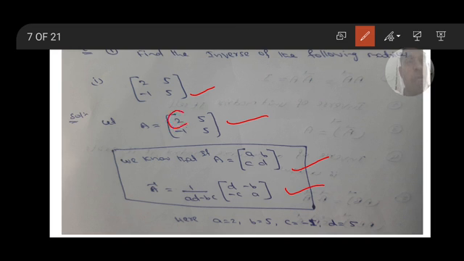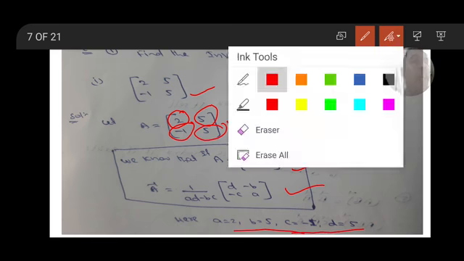A equal to 2, B equal to 5, C equal to minus 1, and D equal to 5. Substituting these values in the formula, we get 1 by AD minus BC.